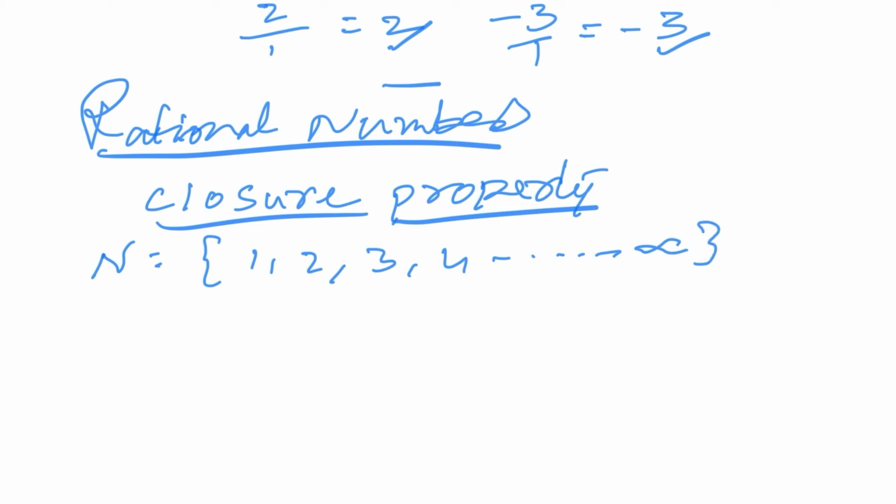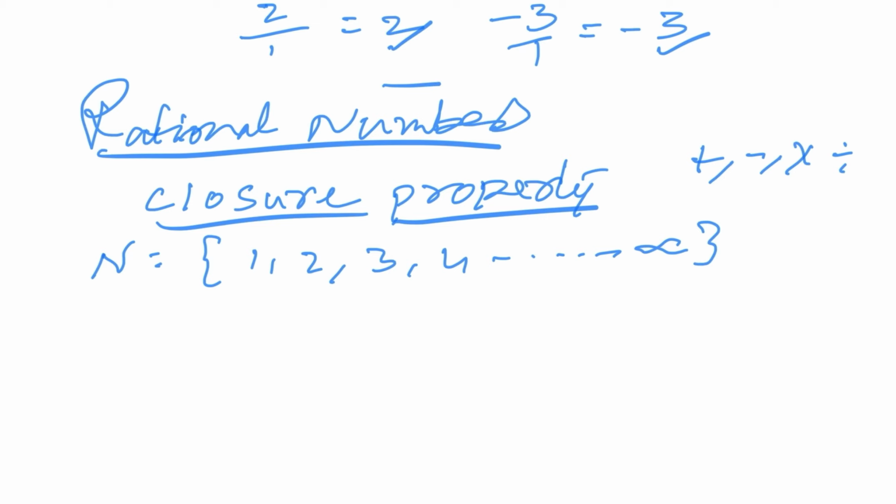For closure property, or any property, we check with respect to addition, subtraction, multiplication, and division. With respect to these four fundamental operations, we see whether the set follows the closure property or not.